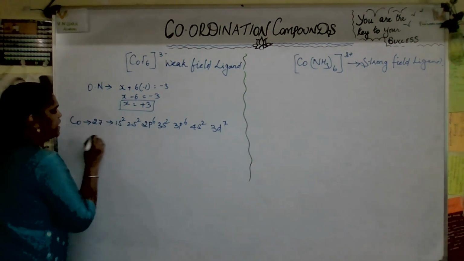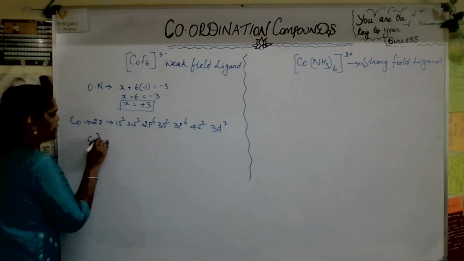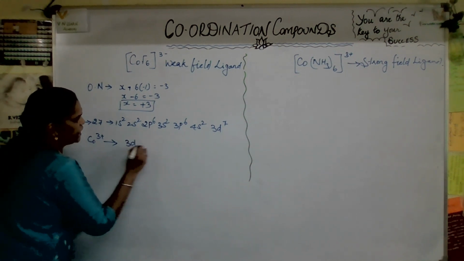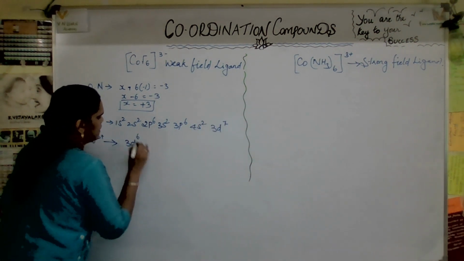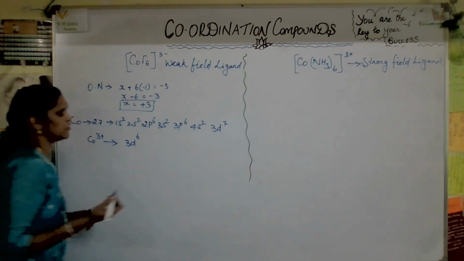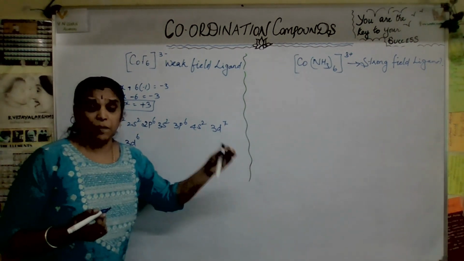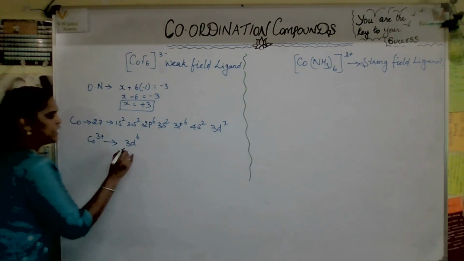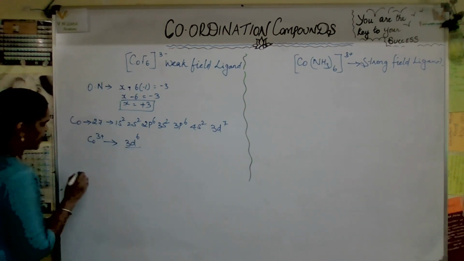Now remove the 3 electrons, so that means the Co3+ complex has 3d6. Here 4s is 0, no need to write it, because here, like VBT, we need not keep the empty orbitals free.